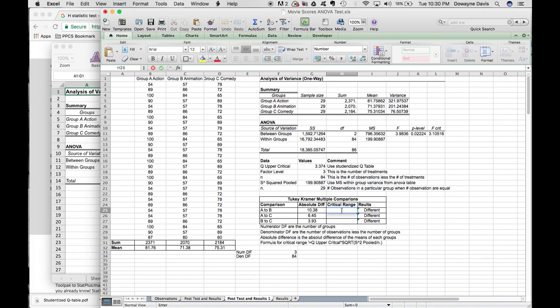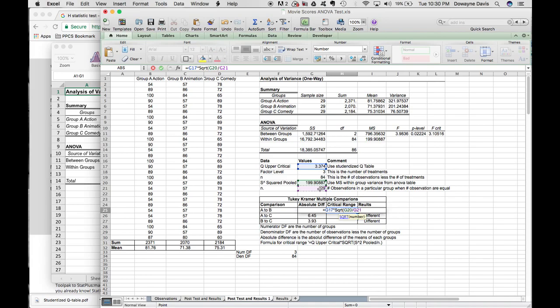So for the critical value, it's going to equal the Q upper critical times my square root, and the square root formula is SQRT, the square root of my S squared pooled value divided by N, which is the number of observations in a particular group when my observations are equal.